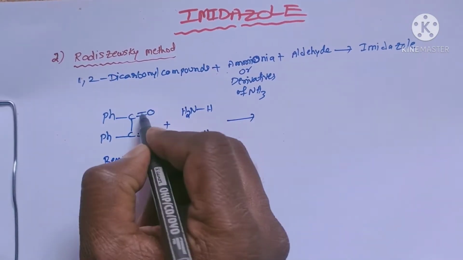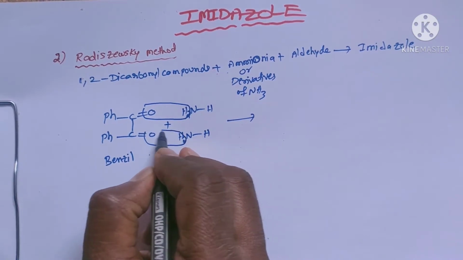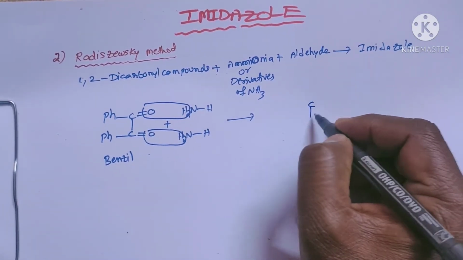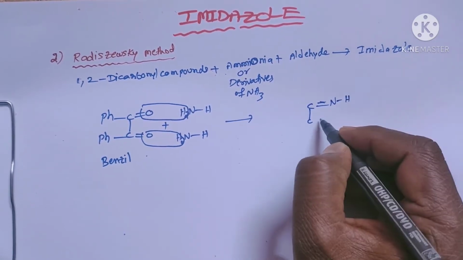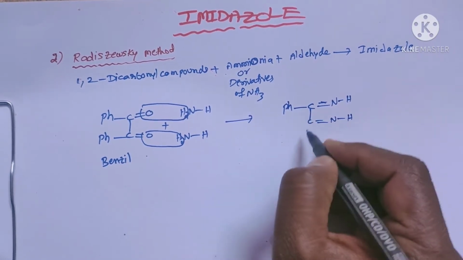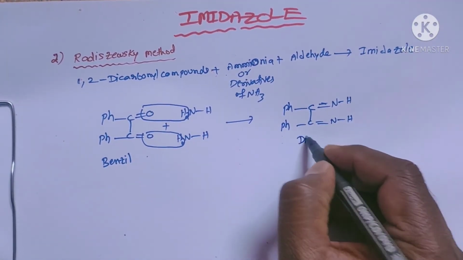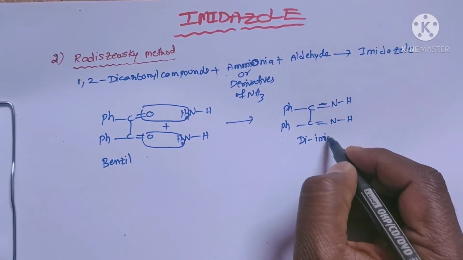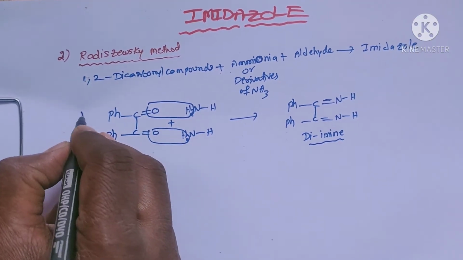So as a result, first of all we get a condensed product. This condensed product is known as diimine.